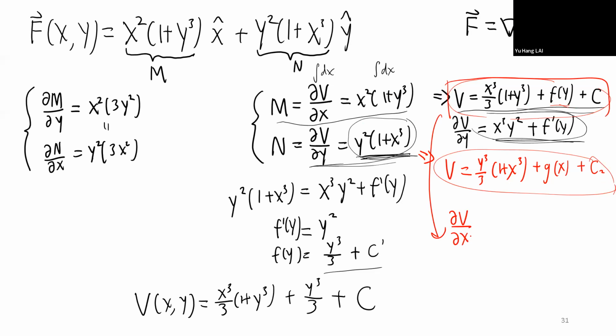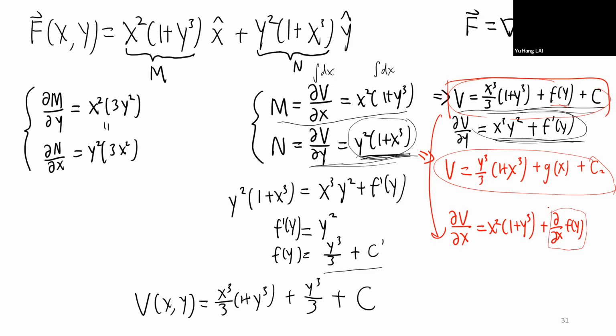If I go back to do this, what you get from the first term is x squared, and this. And then from this one you get this, and the c is just 0, of course. So then you get this.